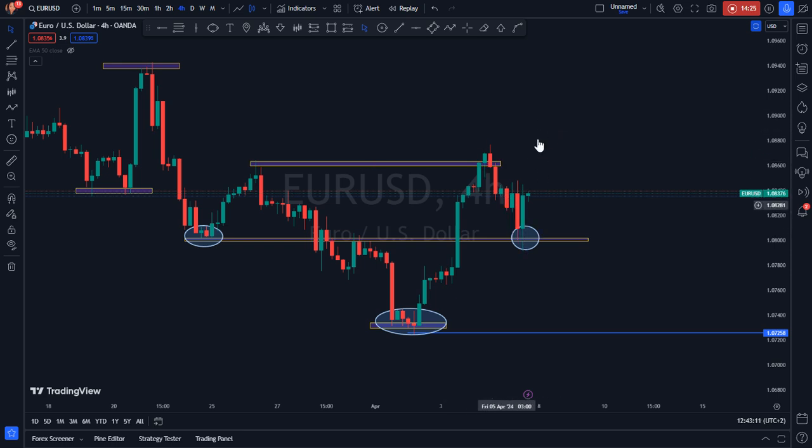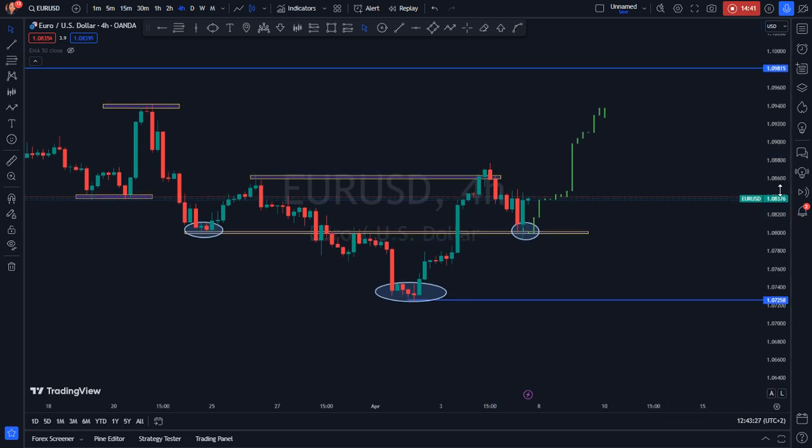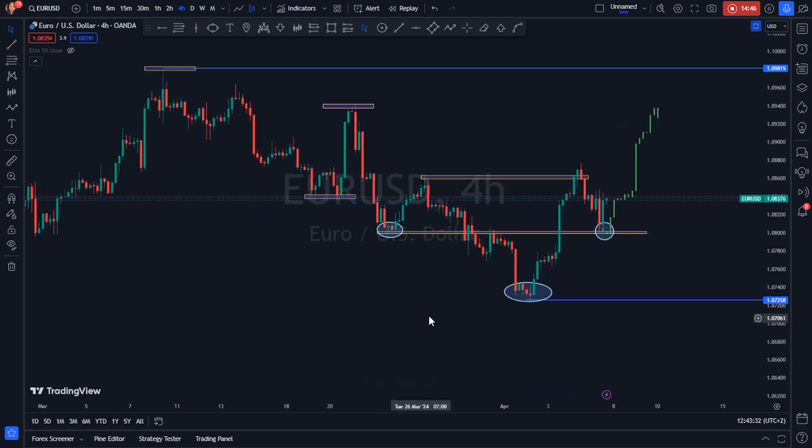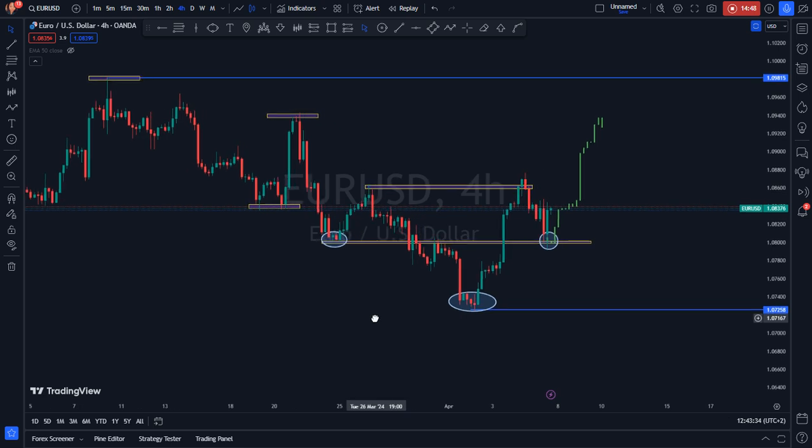Therefore we are expecting another impulsive move. We can predict it in this manner: the market might possibly give us something which looks like this from this highest point right here. Therefore, on Euro USD, we are actually expecting to see a buy. That is what we are expecting to see.